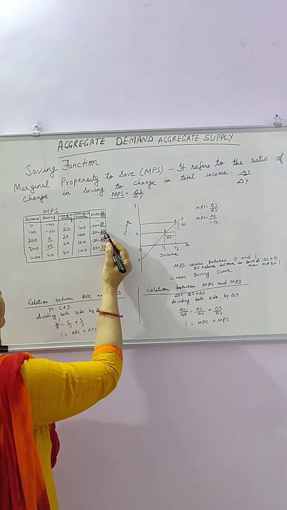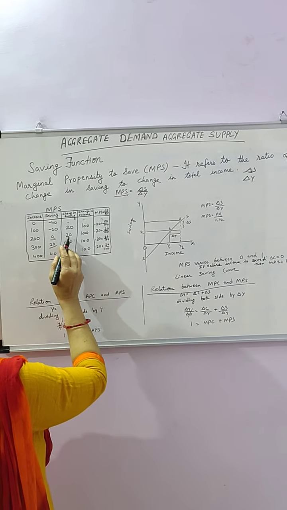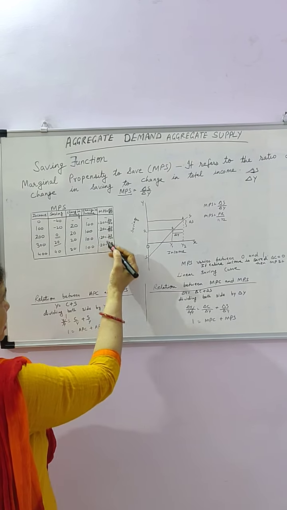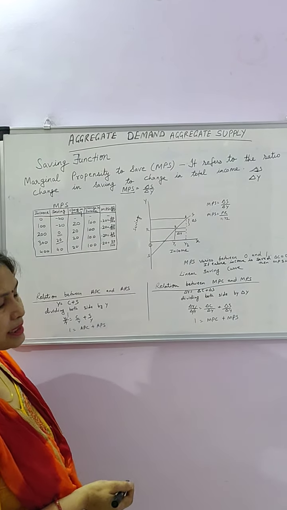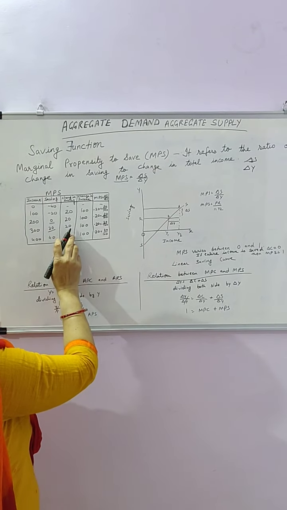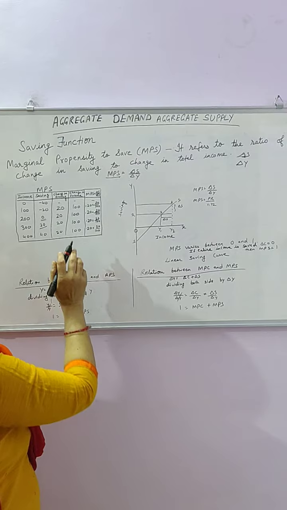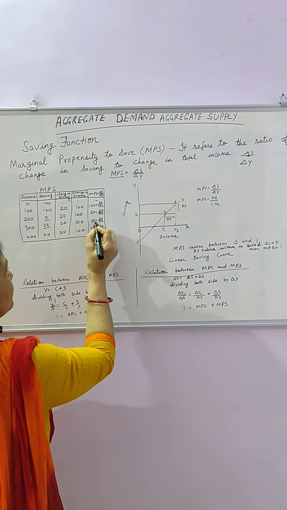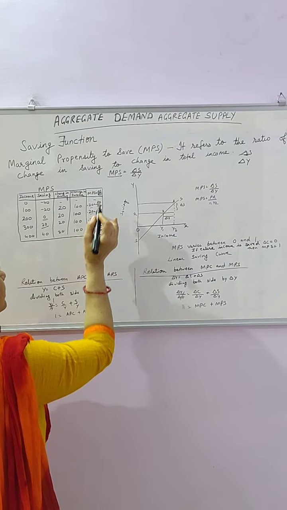Again, when income rises, your saving is again 20, and 20 upon 100 is again 0.20. In this way, additional saving increases in a constant proportion, that is, at every increase in the level of income, your savings increase by 20 crores. So 0.20 is your MPS, a constant MPS.